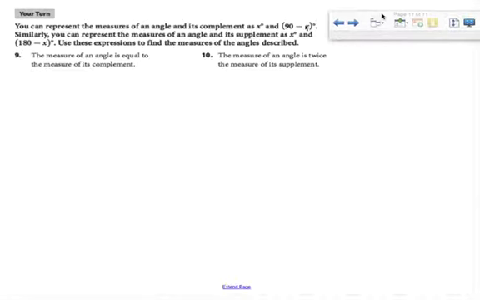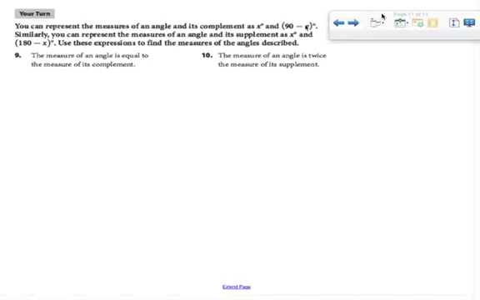Finally, in this example, we're talking about these angles in words, and we want to make sure that you realize that since complementary angles add up to 90 degrees, if one of my complementary angles is x, its complement would be 90 minus x. Similarly, if I have two supplementary angles and one of them is x, the other one can be expressed as 180 minus x.